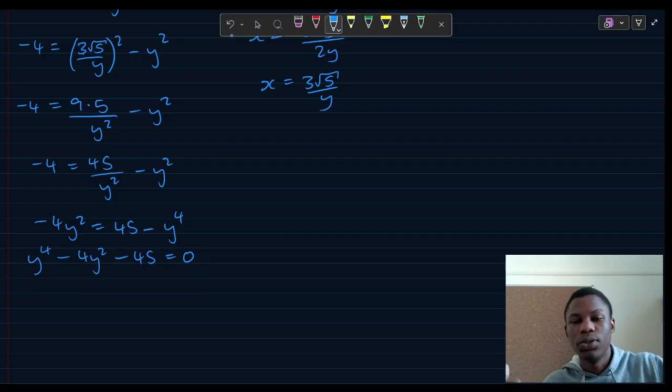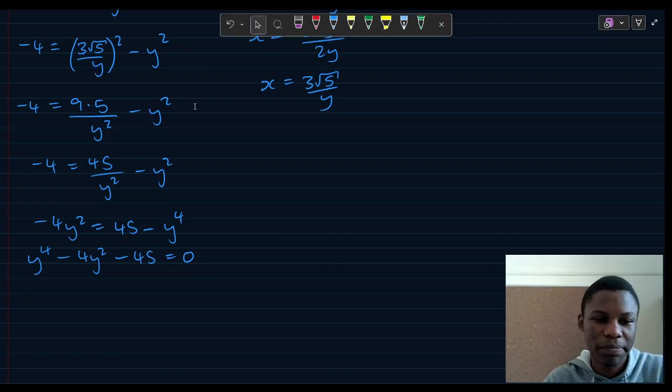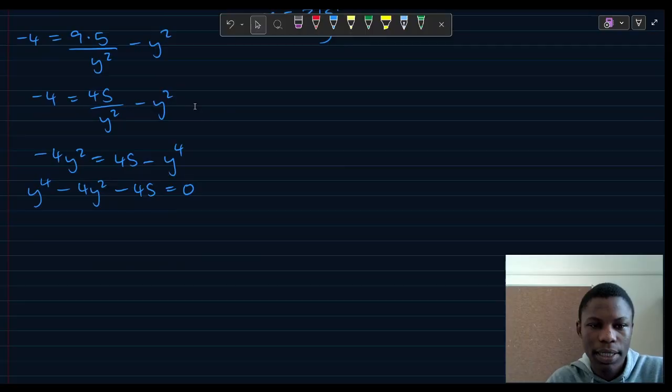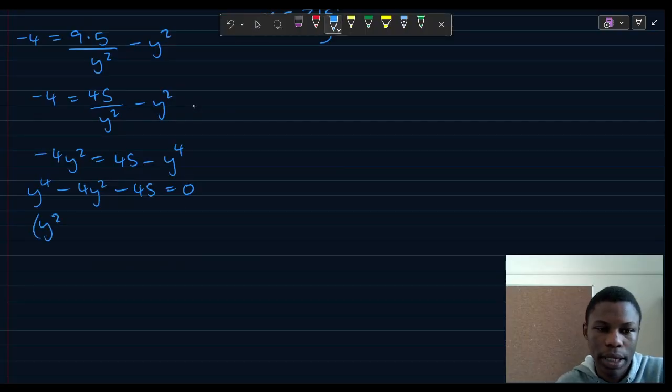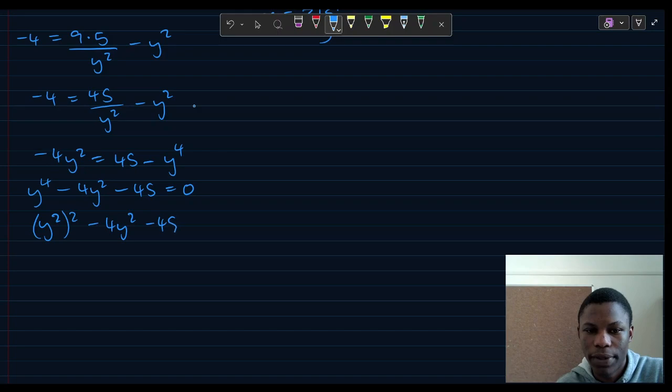Now we need to solve that quadratic equation. So in this case, I hope you can see that this is just a hidden quadratic, because y to the 4 is y squared squared, minus 4y squared minus 45 equals 0. And can we factorize this by inspection?